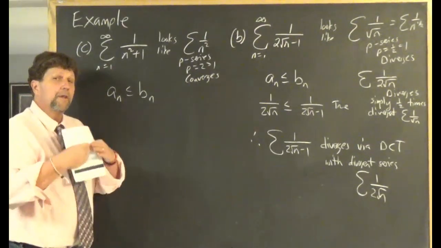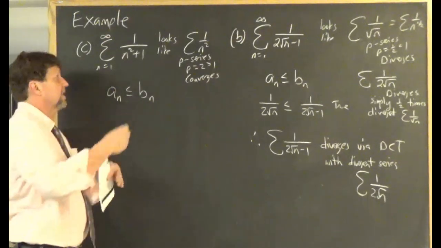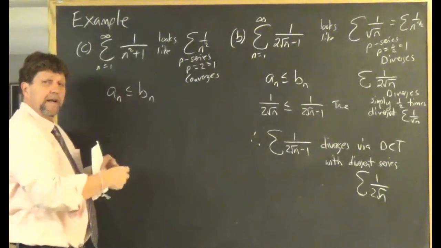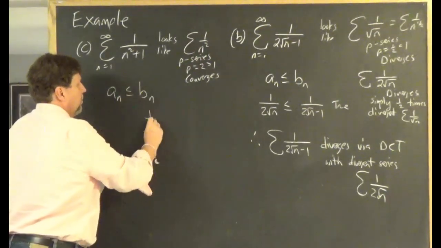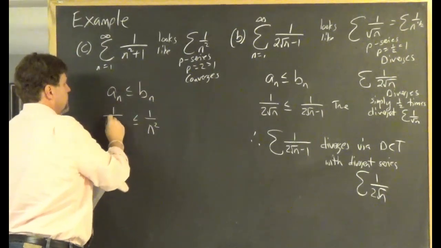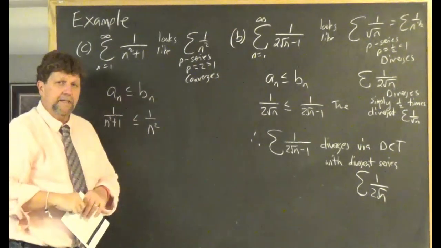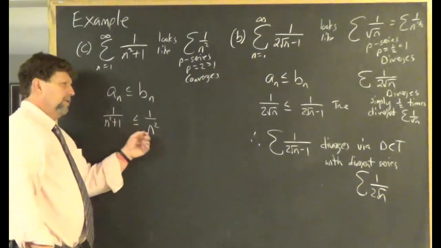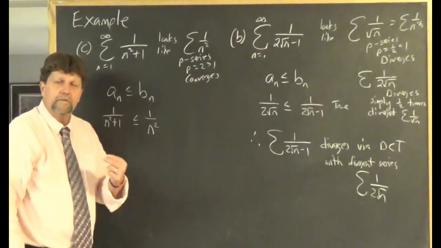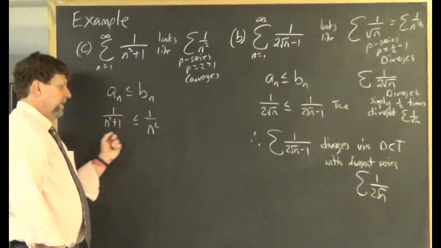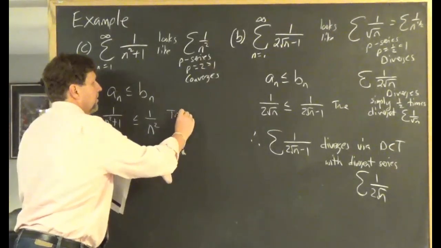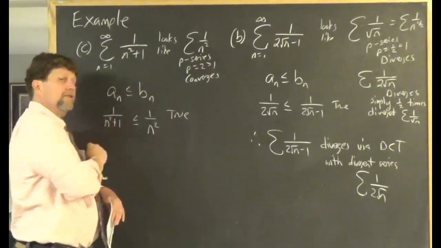So in order to use the power of the direct comparison test for this problem, since we have a convergent series, we're comparing it to 1 over n squared. 1 over n squared would have to go in for b sub n, and 1 over n squared plus 1 would have to go in for a sub n. But once you write this down, you have to make sure it's true and state a reason for why it's true. So I look at this inequality and I say, is that true or false? Well, it's true. The numerators are the same.